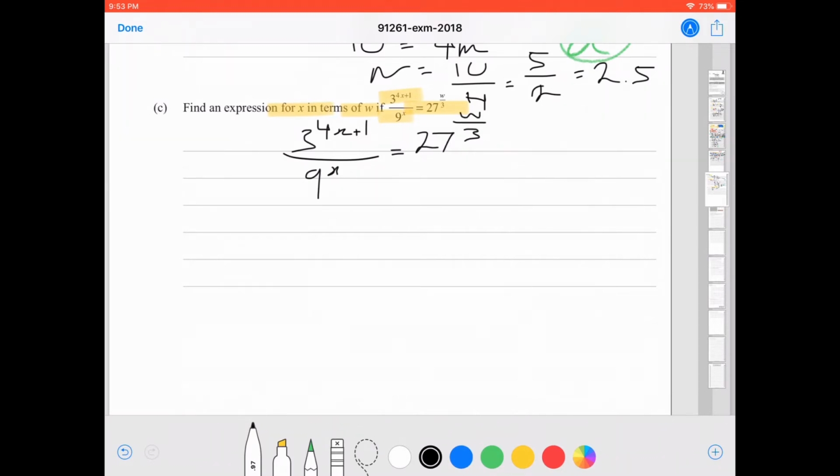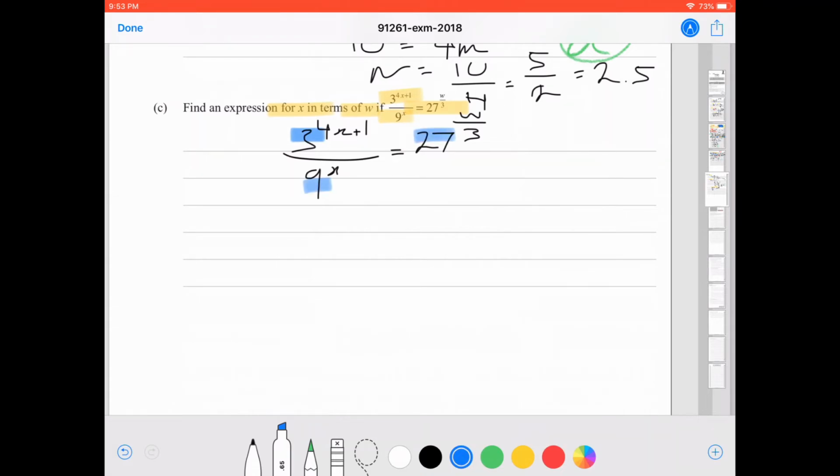Now this is basically an MCAT question, but it's a step or two up, right? But the principles are the same. Whenever you see a question like this, where you've got terms with indices, you want to be working with the same base. Here, base 3 is our first term, and we've got 9 and 27.